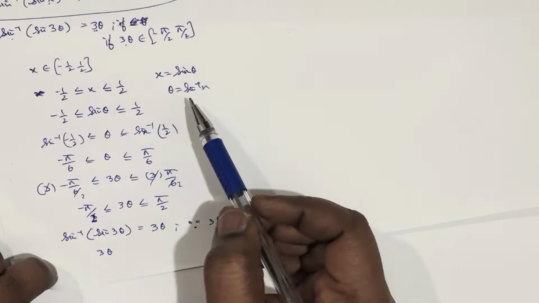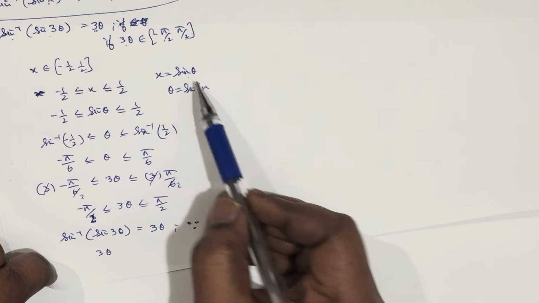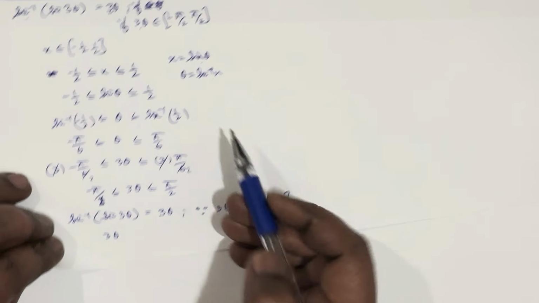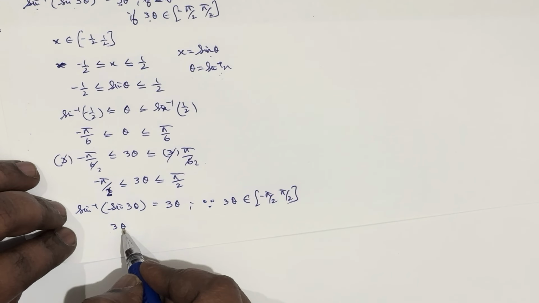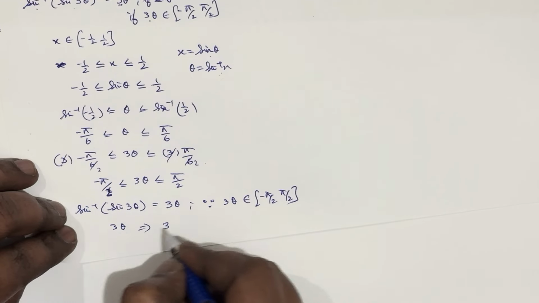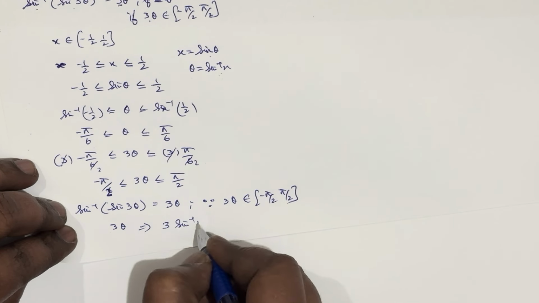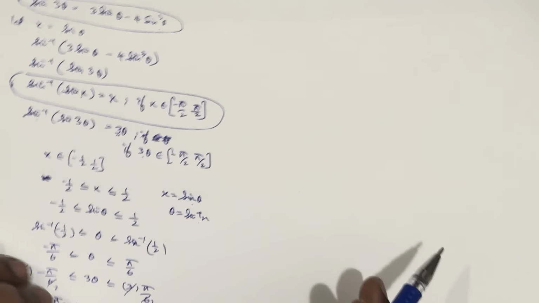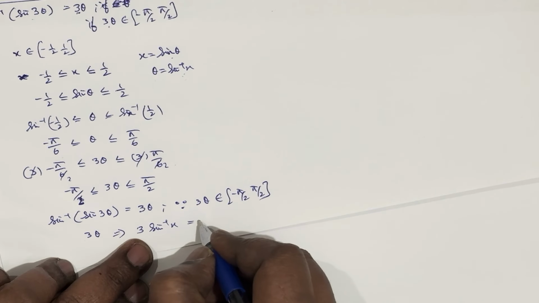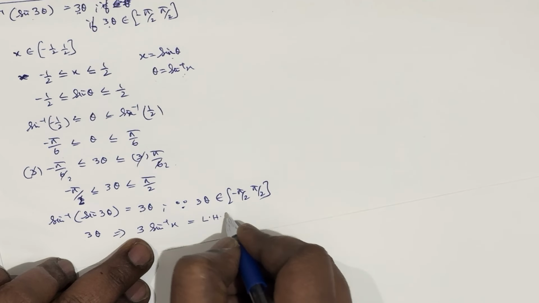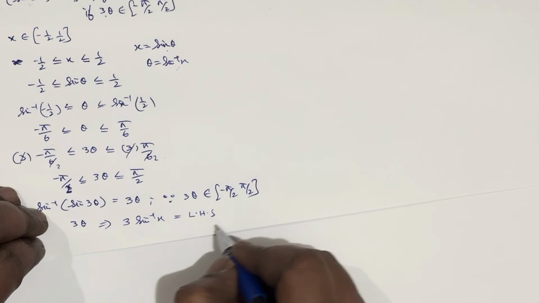Now we have taken x is equal to sine theta, and theta can be written as sine inverse x. So we change this theta to sine inverse x. This can be written as 3 sine inverse x, which is the left hand side. So we have proved that it is equal to the LHS of the question. Hence proved.